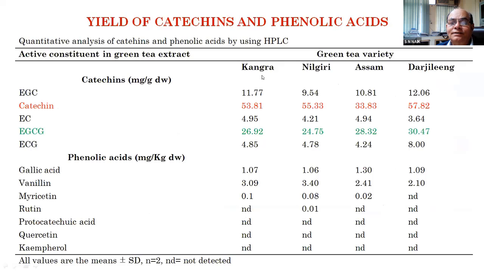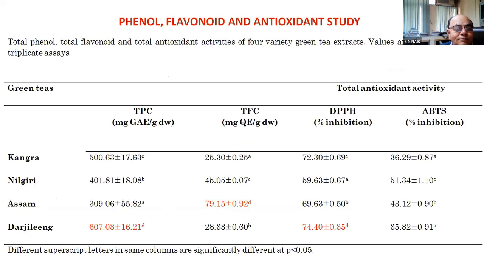We have done four types of tea extract. Kangra tea, that is Himachal Pradesh. Nilgiri is the Tamil Nadu area. Then Assam tea. And then Darjeeling tea. So Darjeeling has more antioxidant properties and all that. Basically, you can see Darjeeling has a higher total phenolic content compared to the others.